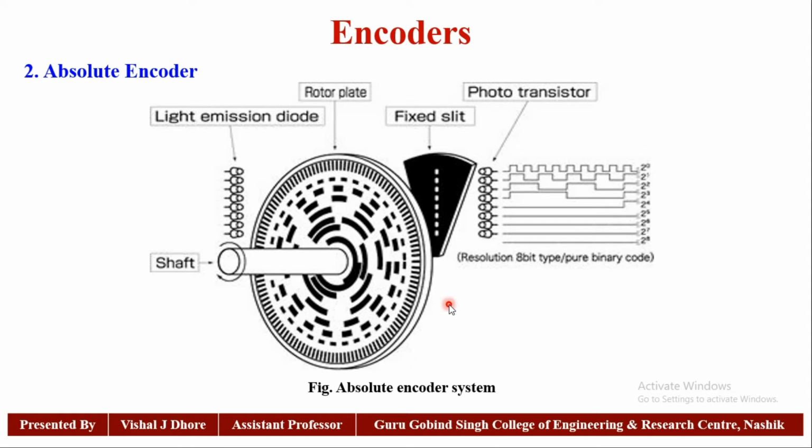The number of traces corresponds to the number of steps per rotation. The optical source is fixed on one side of the encoder disk, and on the other side a photodetector is arranged such that whenever a trace of the disk comes across the optical source, light emitted from it can be sensed by the photodetector.